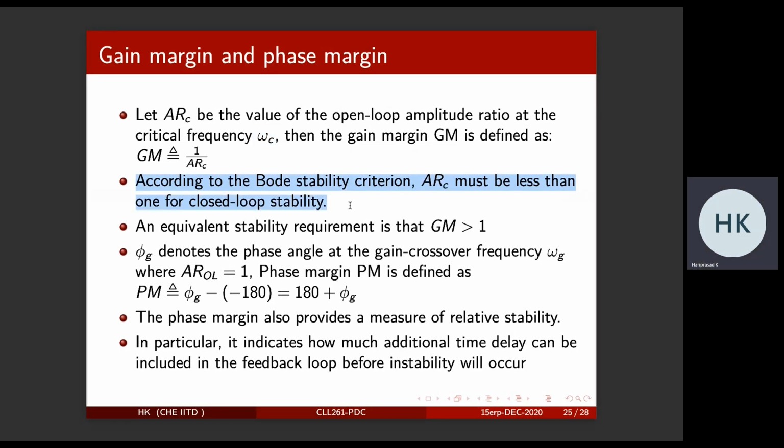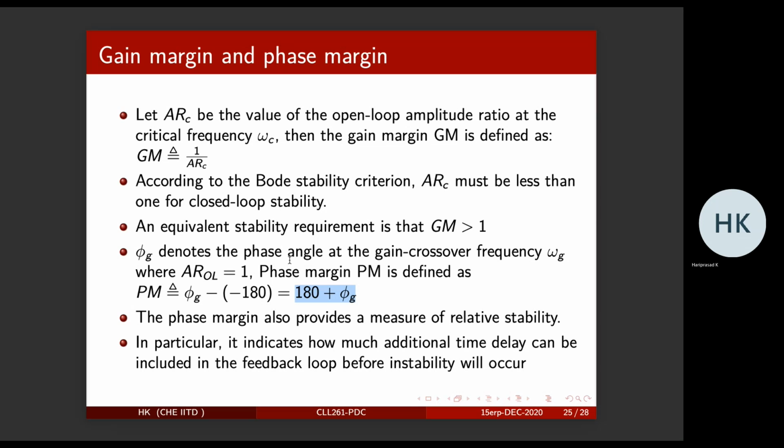The Bode stability criterion says the ARC should be less than 1, or the gain margin, which is the inverse of ARC, should be greater than 1. So this shows how far you are from instability on the gain side as well as the phase side. This gives you some perspective. Phase margin, in fact, means how much additional time delay can be included.